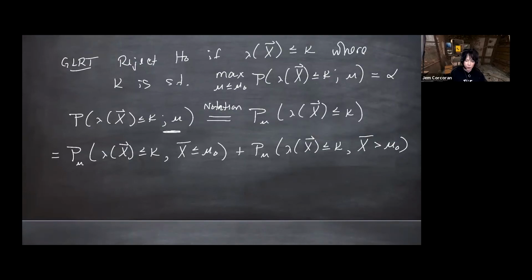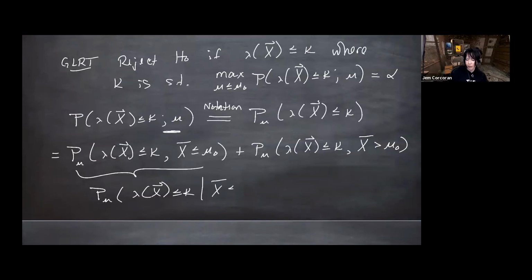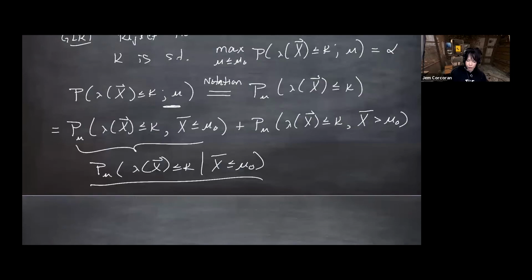Maybe you want to solve it this way, or maybe you can write this as the probability under the assumption that mu is the parameter, lambda of x less than or equal to k, given x bar is less than or equal to mu naught, over the probability that x bar is less than or equal to mu naught under the mu assumption. And it's a lot of work. We'll do it, but today is just GLRs.